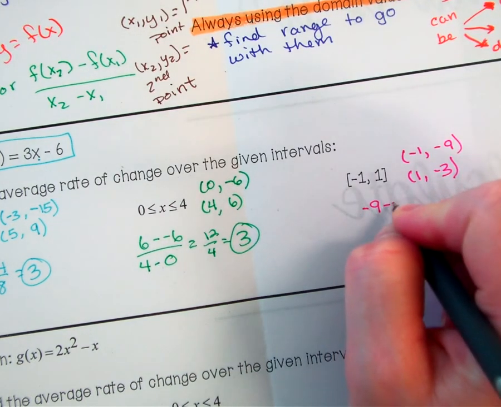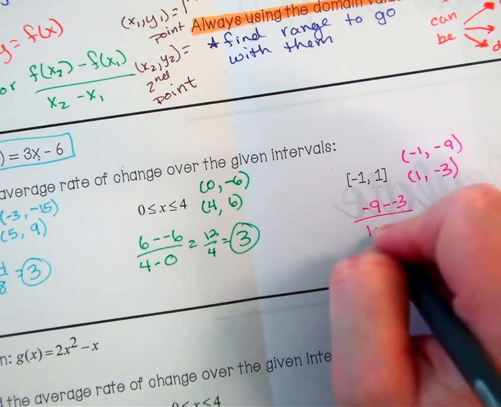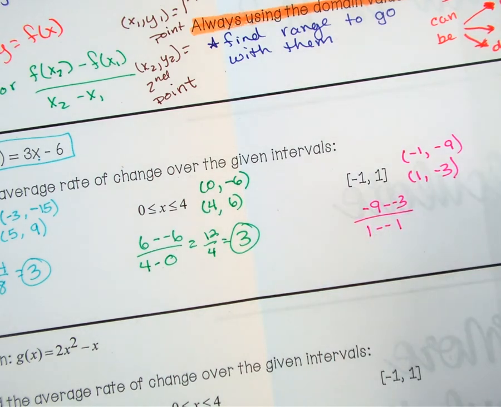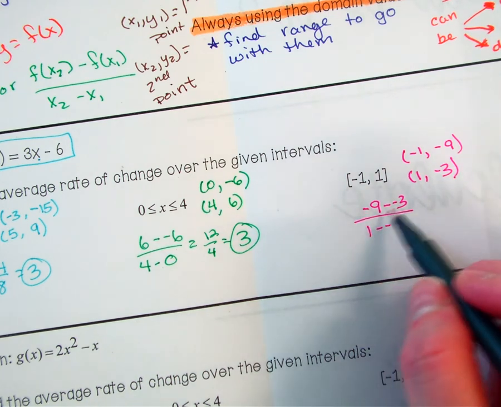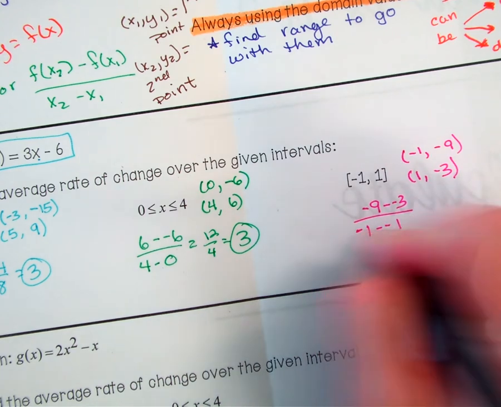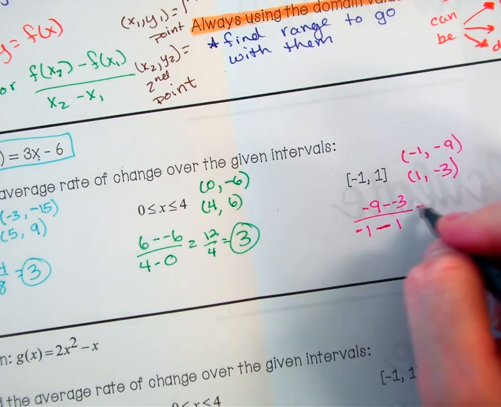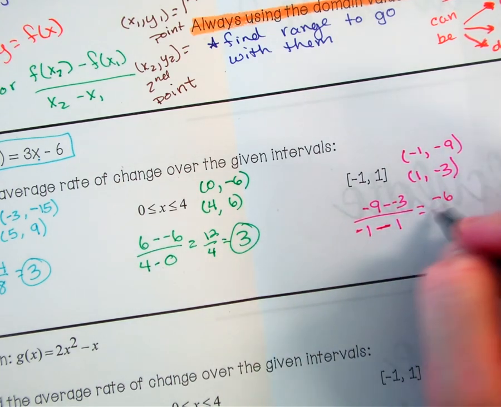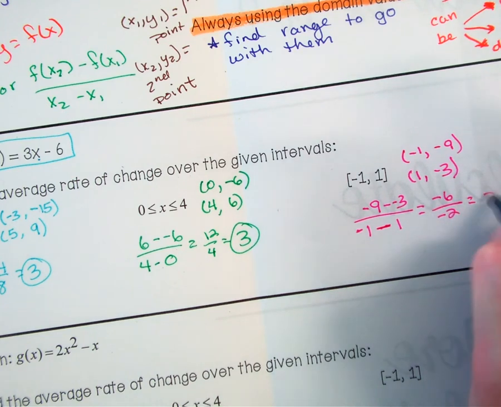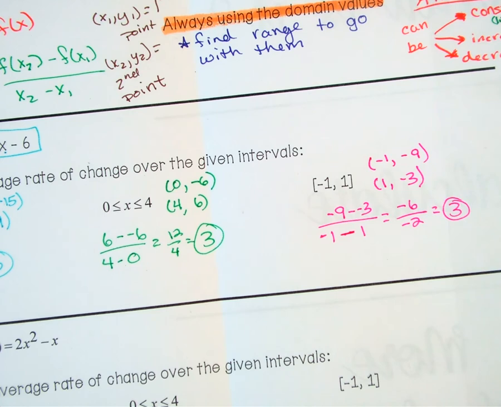So -9 minus -3 over 1 minus -1. I did that backwards. -9 minus -3, which would be over -1 minus 1. There we go, I flipped them. So that gives me -6 over -2, which gives me 3.